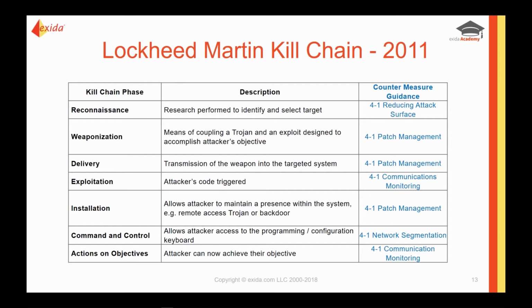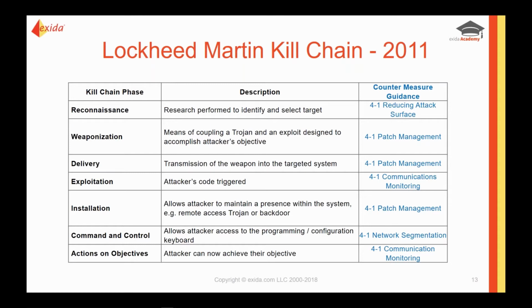So if we look at each one of these, in terms of reconnaissance, 4-1 does make recommendations on reducing the attack surface specifically. This will reduce the number of ways in which hackers can, let's say, get into your system. So from that part of the kill chain, guidance does exist in 62443.